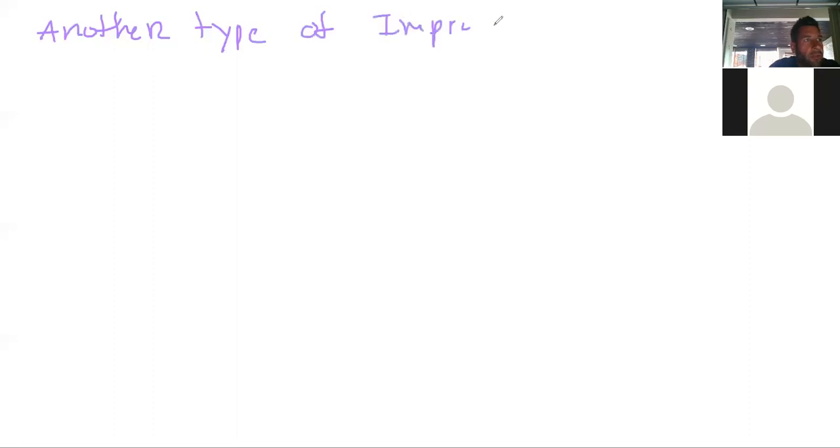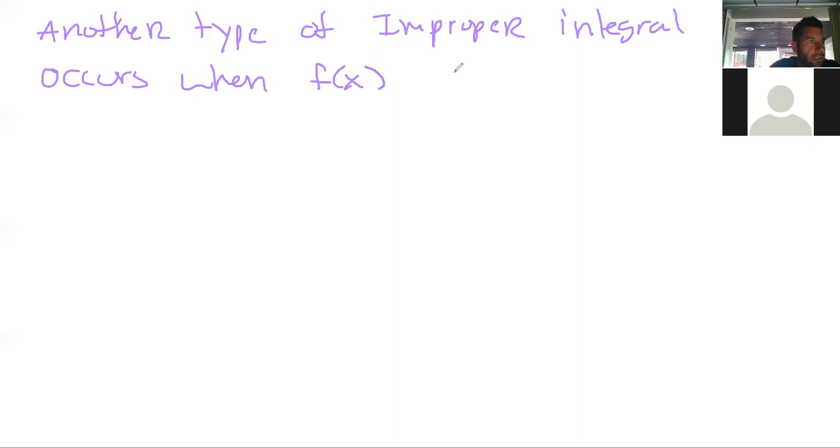Another type of improper integral occurs when the function has an asymptote at, say, x equals a.